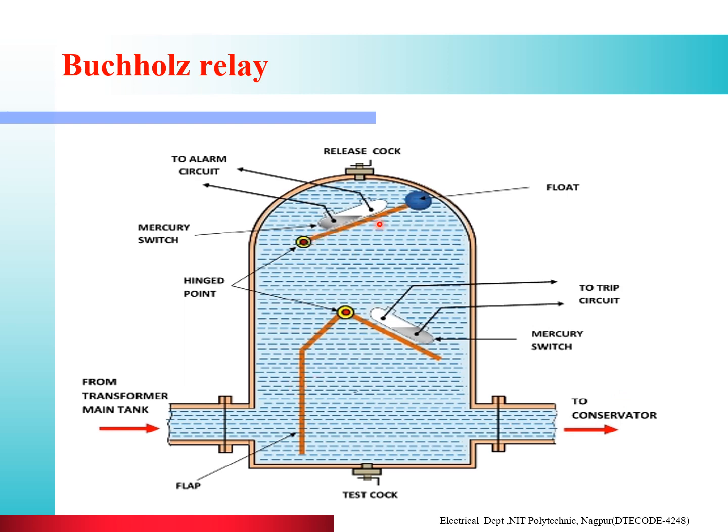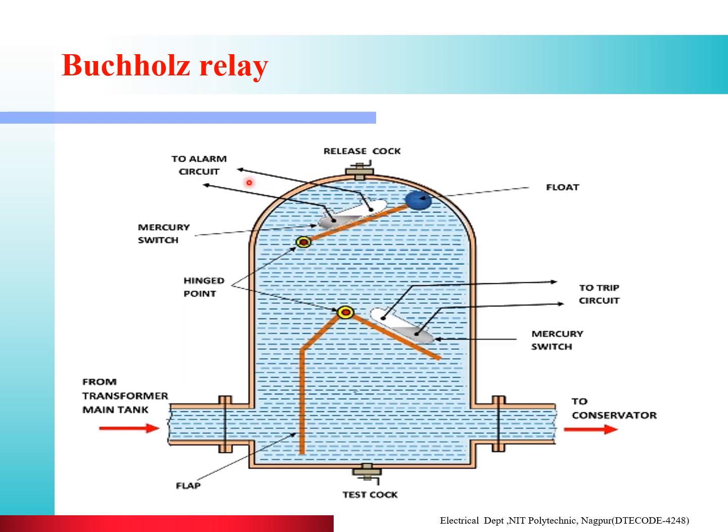When there is an incipient fault, meaning a slow developing fault, naturally heat will be generated, and due to that heat the transformer oil gets vaporized. In the vaporization, a high percentage of hydrogen gas accumulates on the upper side of this Buchholz relay, and due to this there is pressure on the float, and this float is connected to the mercury switch.